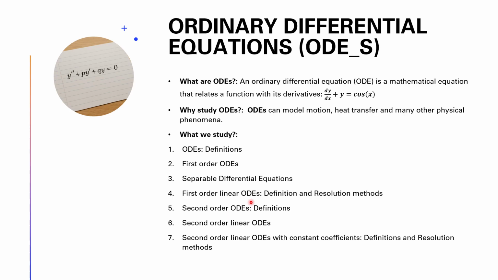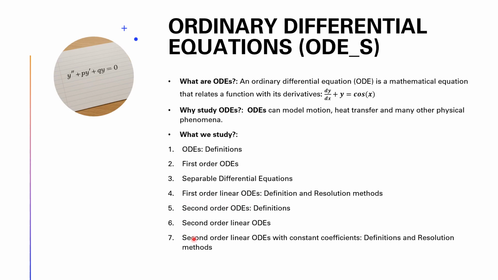We'll then move into another special type, which is first order linear ODEs, which is again a differential equation that only involves the first derivative and it's linear. We'll define what we mean by linear. We'll see methods to solve this kind of equations too.